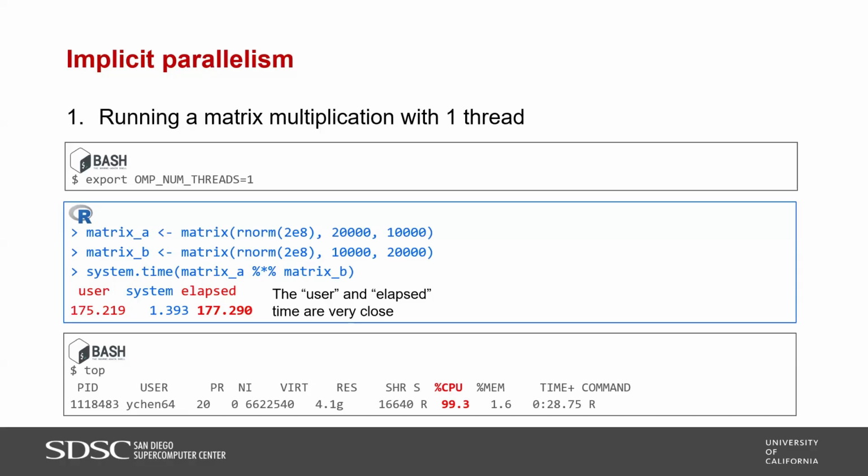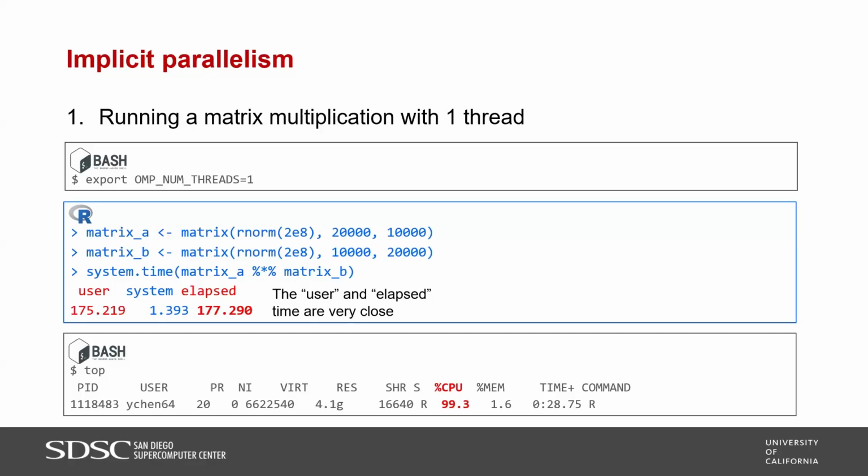In this example, it takes 177 seconds, and while the calculation is still running, we can open another terminal and run the top command in the bash shell on the same node, and then we'll find our R process and the CPU usage in percentage is close to 100.